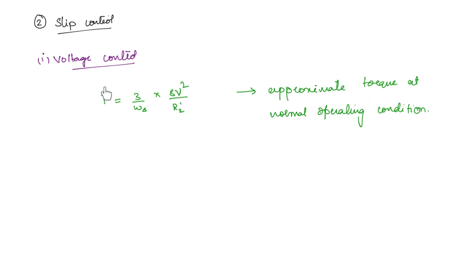So in the torque expression, if you neglect the reactance term, you are going to get this expression. Also, what will be the current? I2 dash is going to be equal to the voltage, which is SV divided by R2 dash. So both of these relations are valid approximations at normal operating conditions where slip is very small.